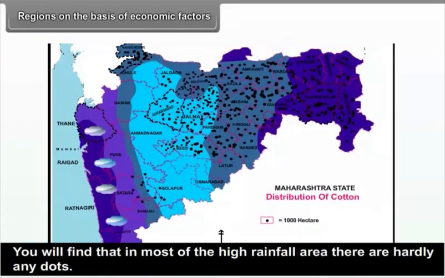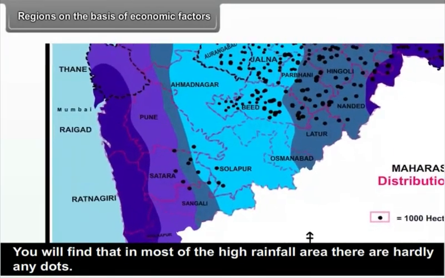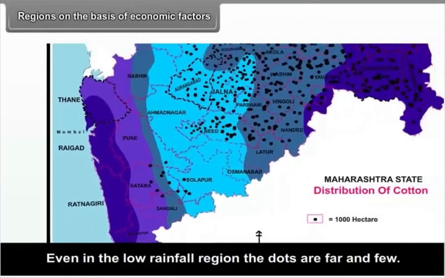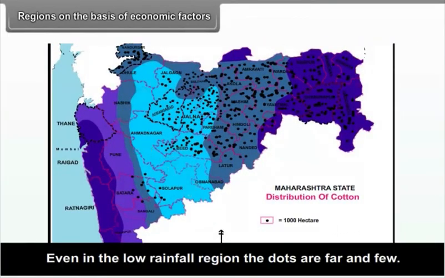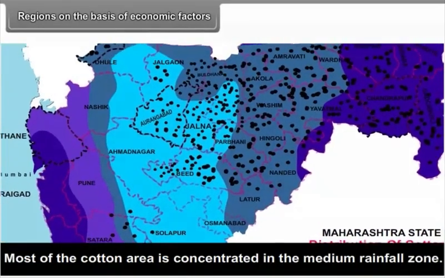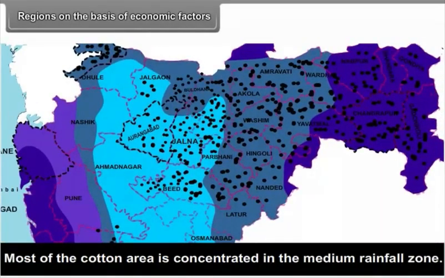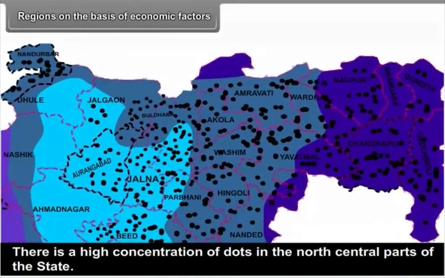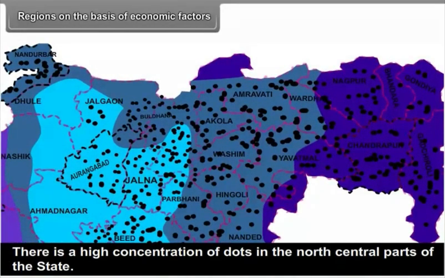You will find that in most of the high rainfall and very high rainfall area, there are hardly any dots. Even in the low rainfall region, the dots are few and far between. Most of the cotton area is concentrated in the medium rainfall zone. There is a high concentration of dots in the north central part of the state.